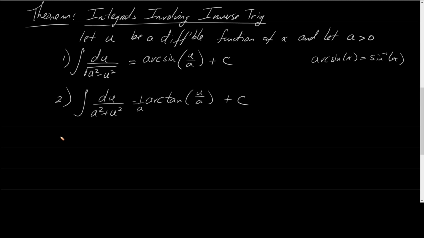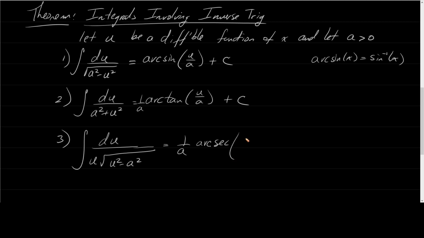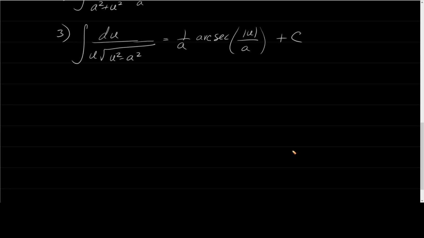And finally, if I take the integral of du over u times the square root of u squared minus a squared, that's going to be 1 over a arcsecant of the absolute value of u over a plus c. These are just three integrals that you really should memorize. Now, let's do some examples to see how these would be applied.